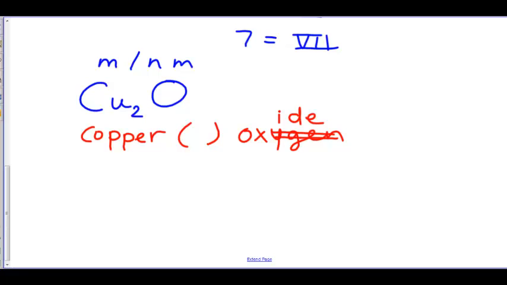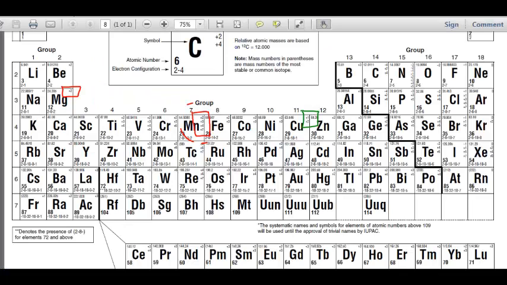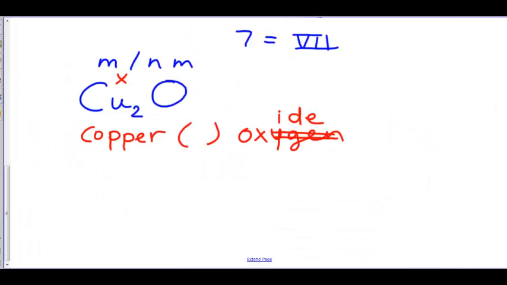But now we have to figure out what the heck the charge is on copper. We don't know. Because copper, if we go back here, can either be +1 or +2. We have to figure out which one it has in this compound. And to do that, you need to know really two things. You need to know oxygen's charge, and you need to know that all compounds are neutral.